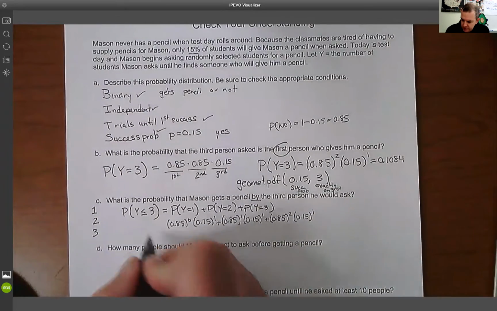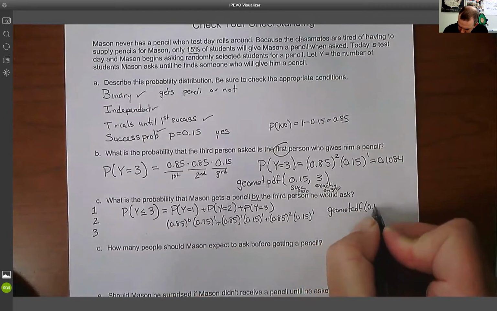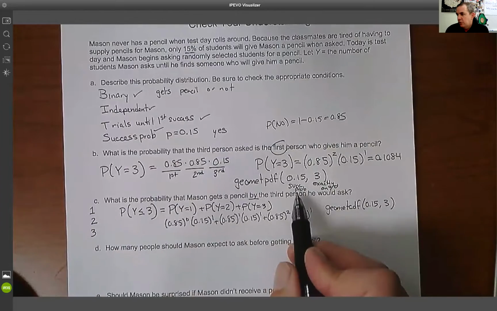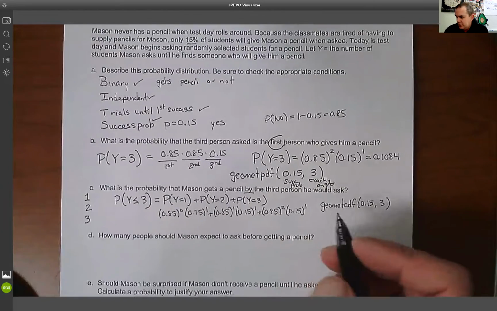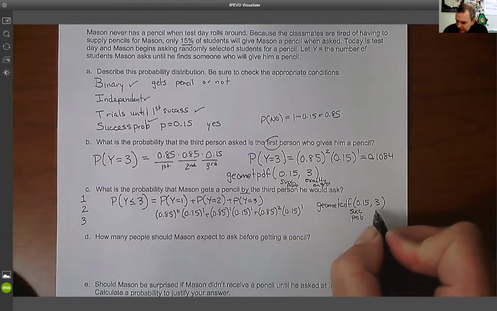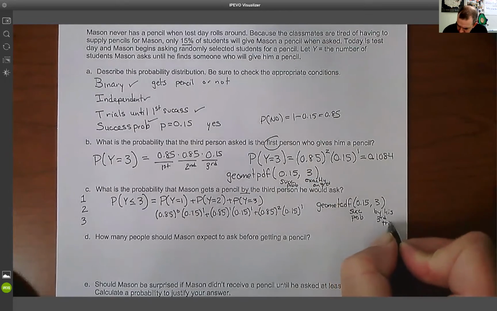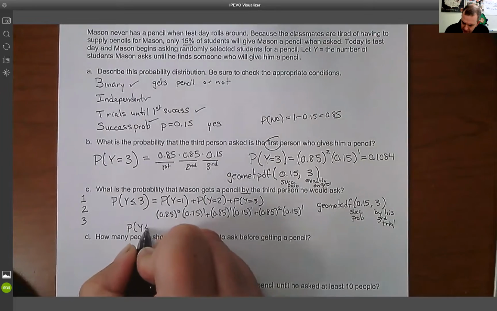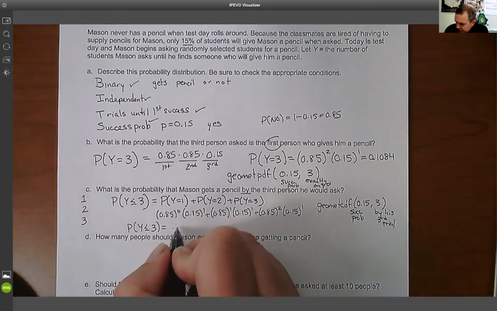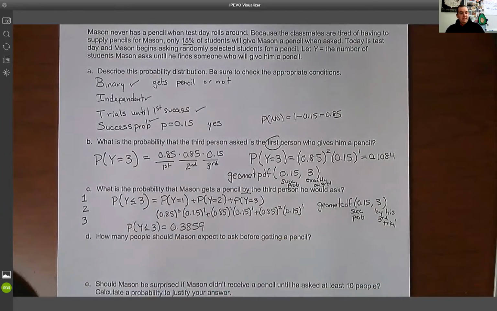The geometric CDF of 0.15, comma 3, whereas before it was success probability and exactly on third. 0.15 is still the success probability, and this one is his first success by his third trial. So the probability that y is less than or equal to 3 is 0.3859. So he's got a little bit less than a 40% chance of getting that first pencil before he talks to his third person.